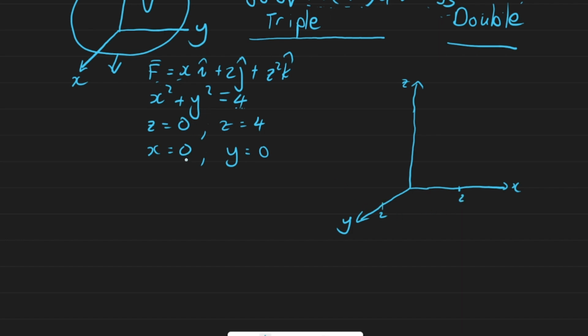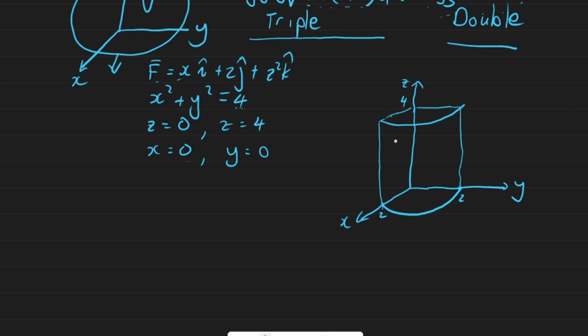And since it's bounded between x equals 0 and y equals 0, that means that we have some planes here. Sorry, this is the x-axis and that's the y-axis. Okay, and that's the other plane. And also z equals 4. Okay, and of course it's a cylinder, so it looks something like that.